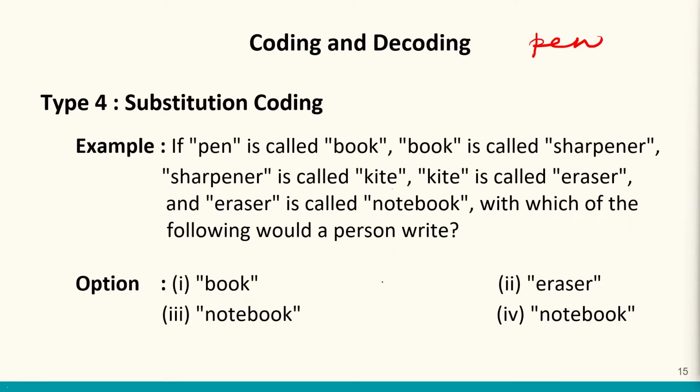But over here, do we see pen as an option? No. So maybe the answer is something different, and that we have to find out. Over here, it is clearly written that pen is called a book. That means book is the substituted word for pen.